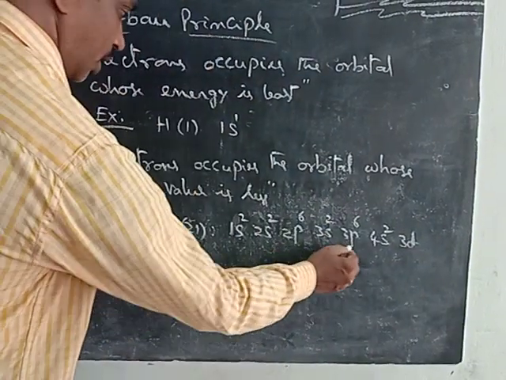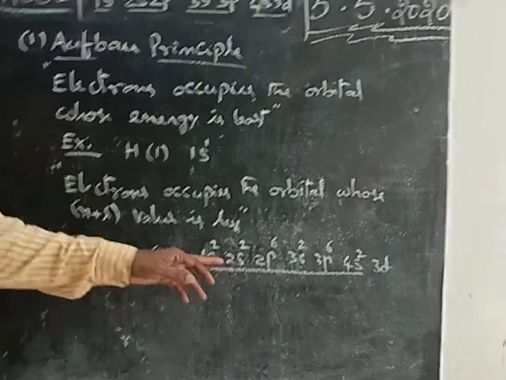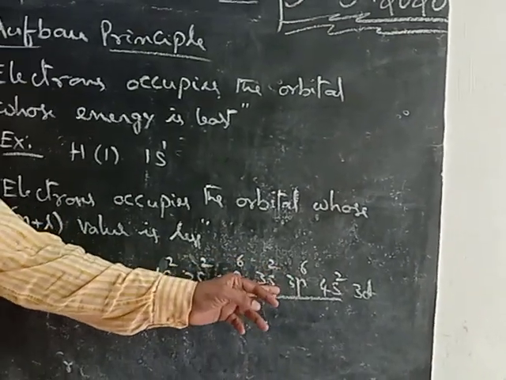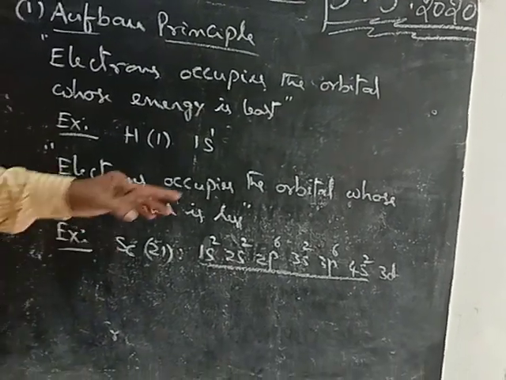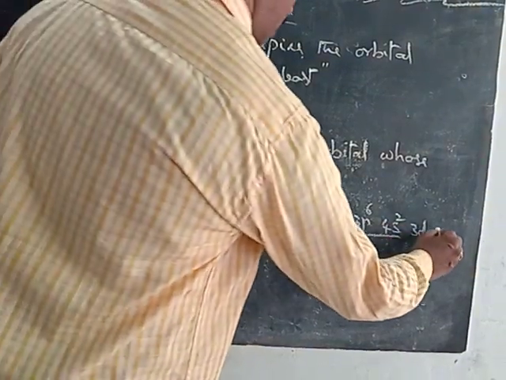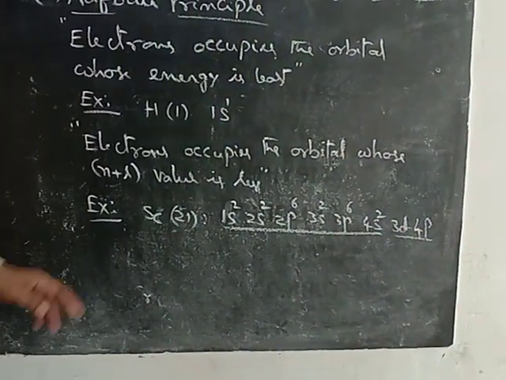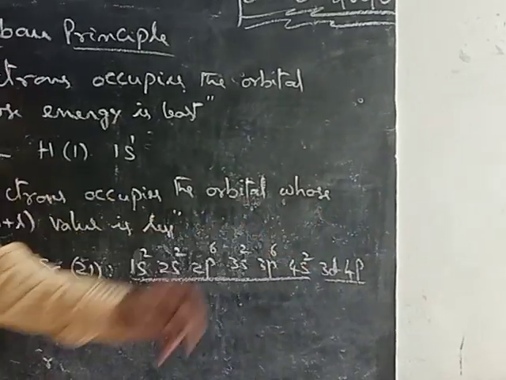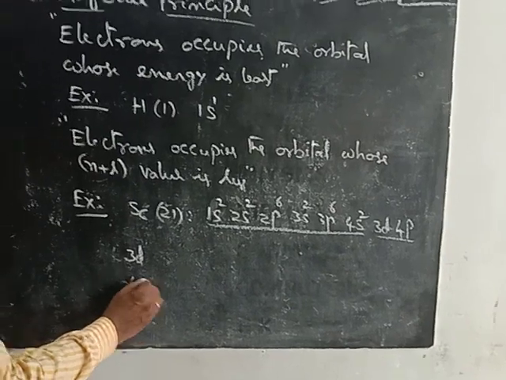So up to this, 20 electrons we can fill. 1s2, 2s2, 2p6 means 10. 3s2, 3p6, 4s2 means total 20 electrons can be filled in various orbitals like this. Here 3d, after that 4p. The 21st electron goes into either 3d or 4p. You have to calculate this: 3d, 4p.